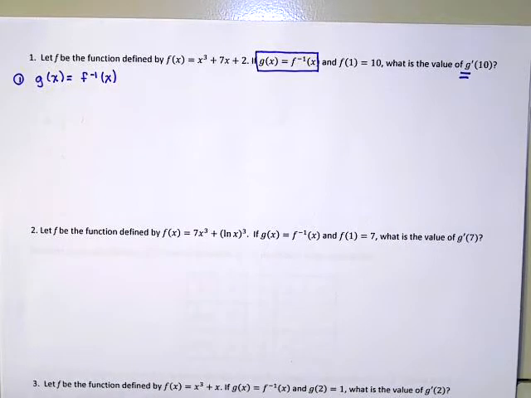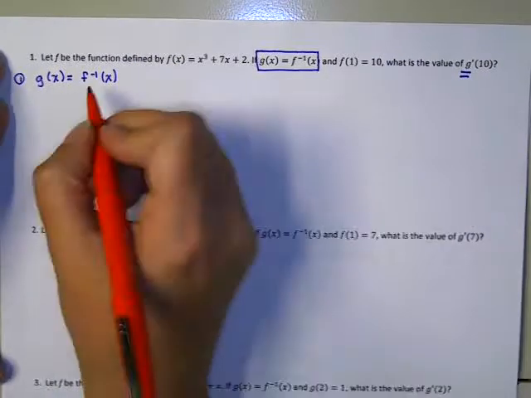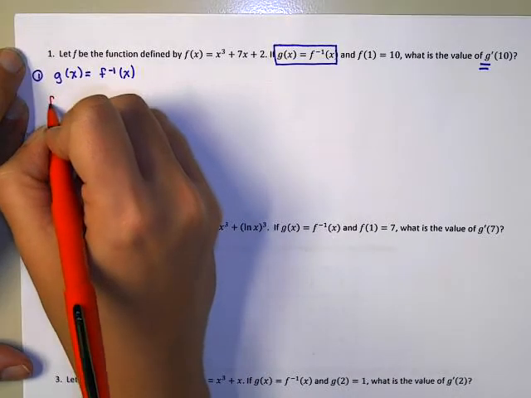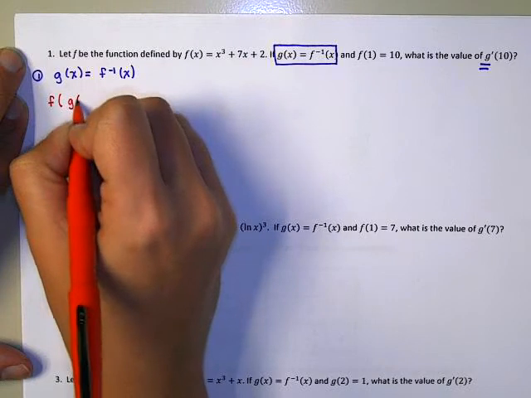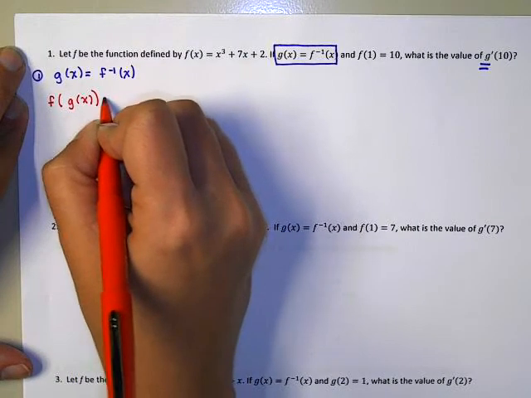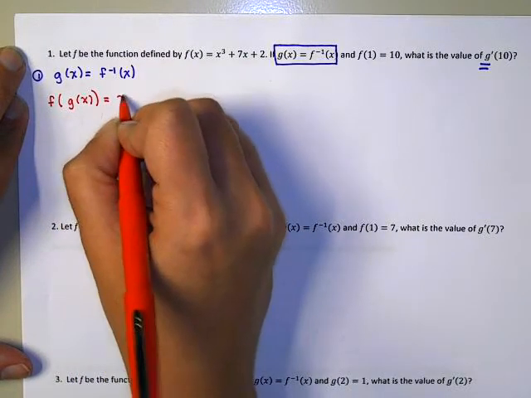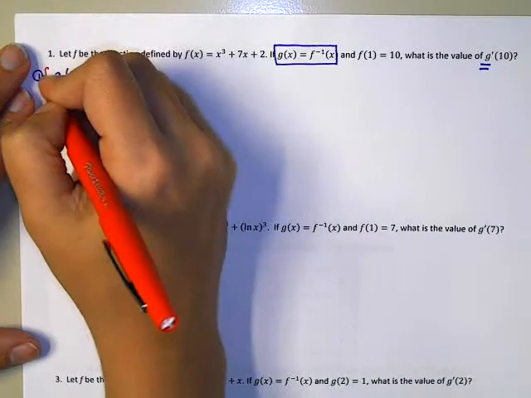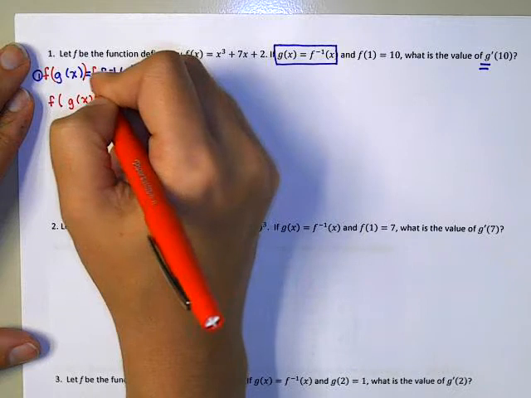I'm just going to apply the function f to both sides. On the left side, I'm going to have f of g of x. And on the right side, I'm just going to have x, because the f and the f inverse will cancel each other out. They undo each other.